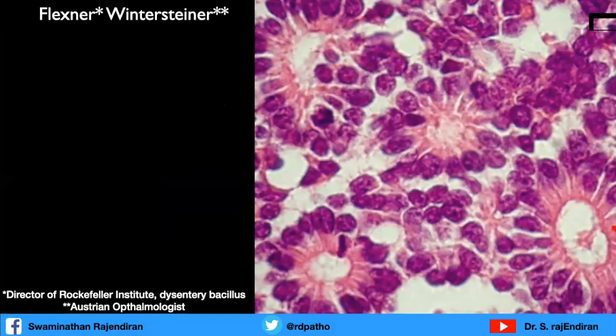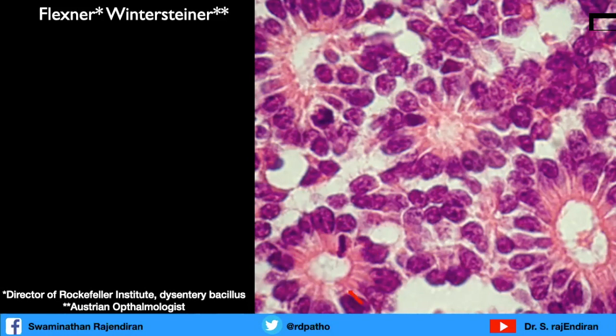The third rosette is Flexner and Wintersteiner rosettes. Simon Flexner is the director of Rockefeller Institute, and he is the one who identified the dysentery bacillus, whereas Wintersteiner is the Austrian ophthalmologist. They described these rosettes in the late 18th or early 19th century.